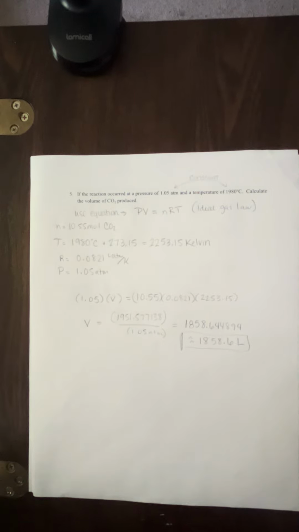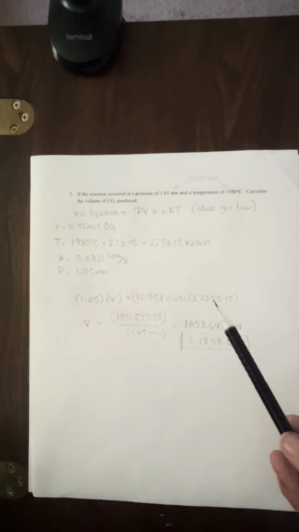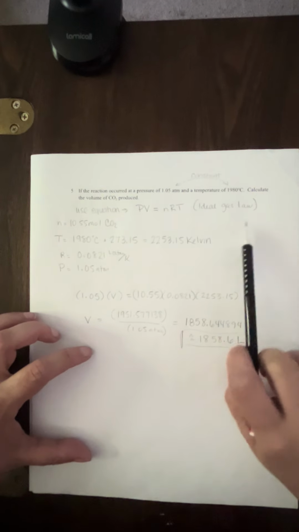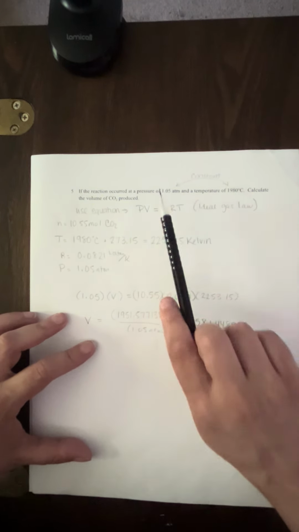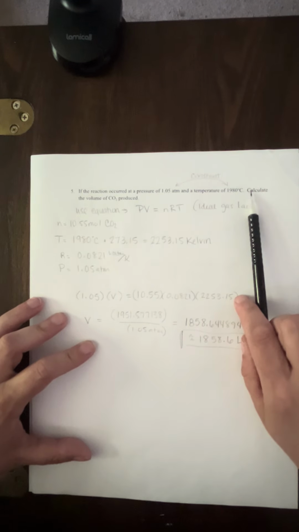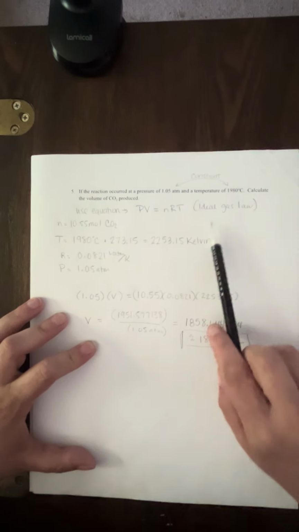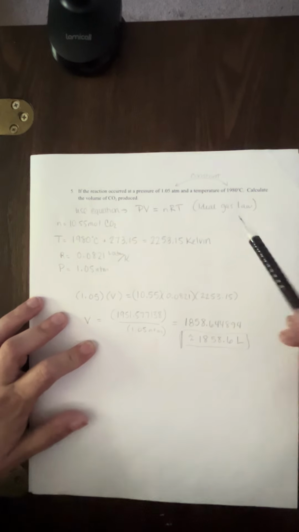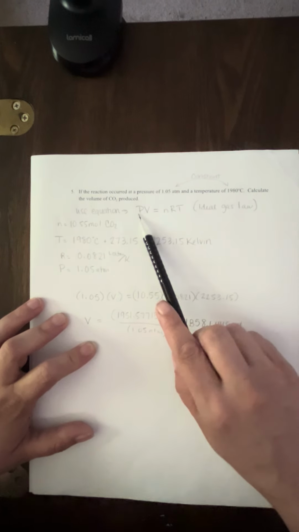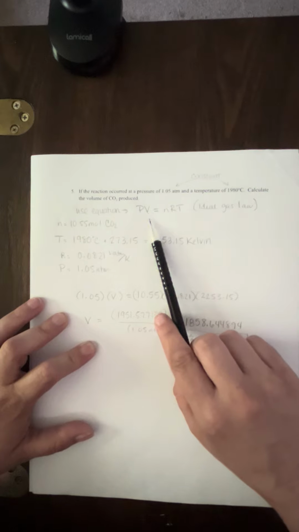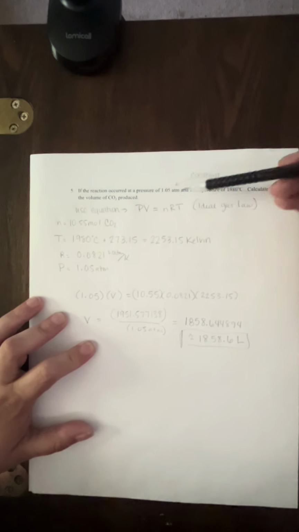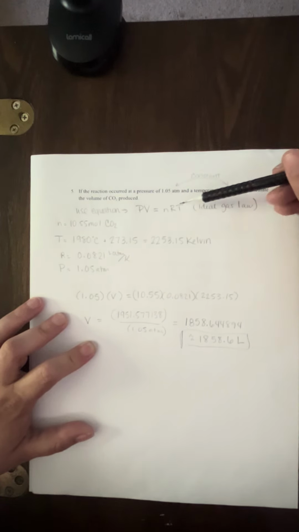And then on number 5, it took me a little while to figure out which equation to use here, but because we have a constant pressure and this temperature, we're going to be using the ideal gas law, which is pressure times volume equals nRT.